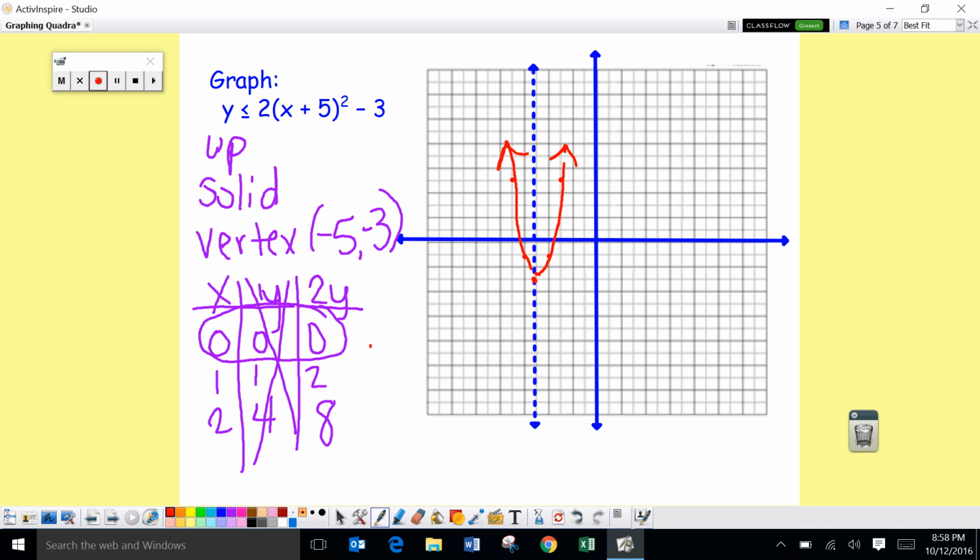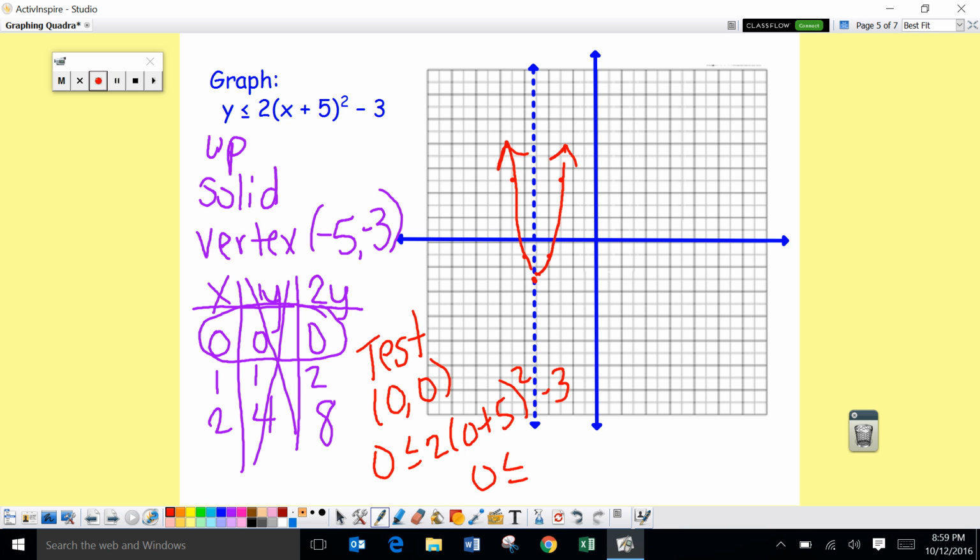And we need to test a point to see where to shade. We can shade on the inside or the outside. This time 0, 0, the origin is on the outside of the parabola. So I'm going to test that by plugging a 0 in for y and a 0 in for x. Because it is in vertex form, we need to calculate that.